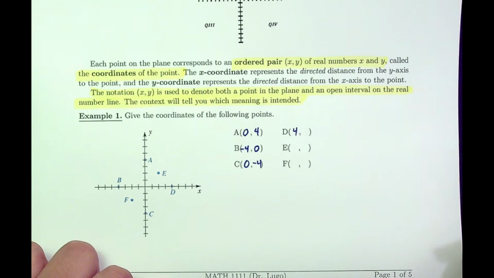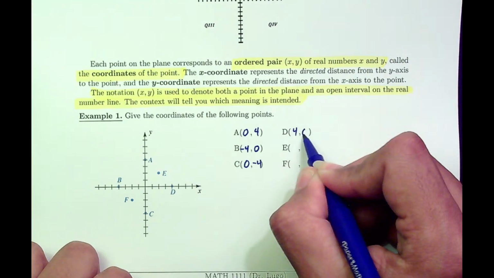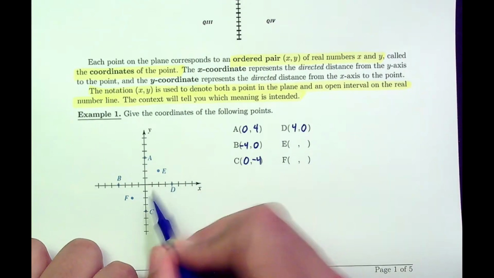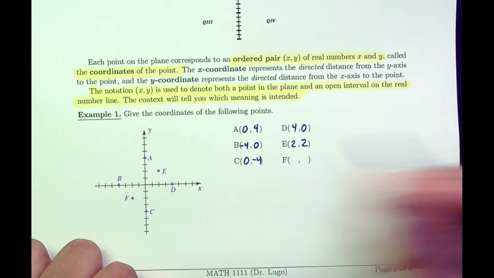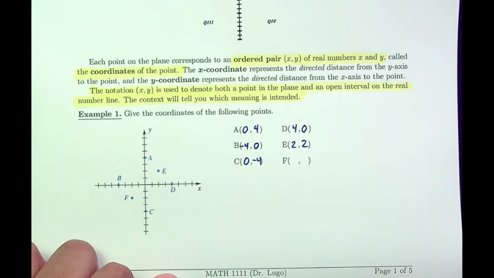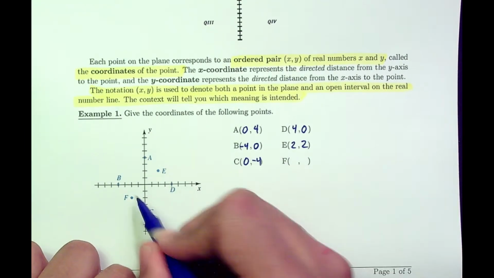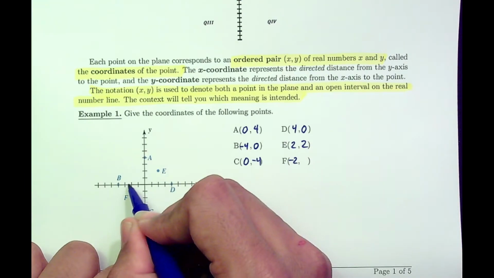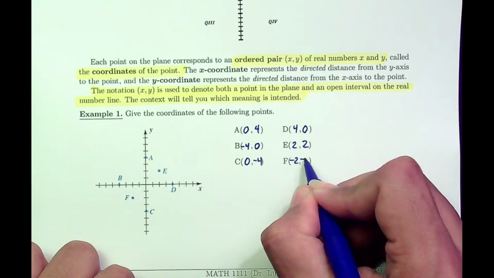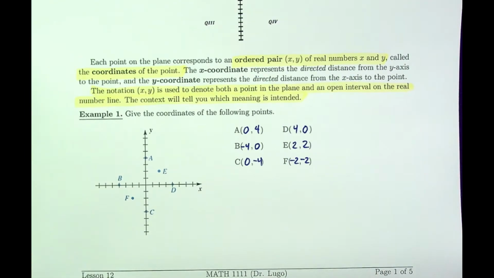And then you have to move up or down, so that's a 0. The coordinates of E, that would be 1, 2. And lastly, the coordinates of F, you move 2 to the left and 2 down, so negative 2, negative 2.